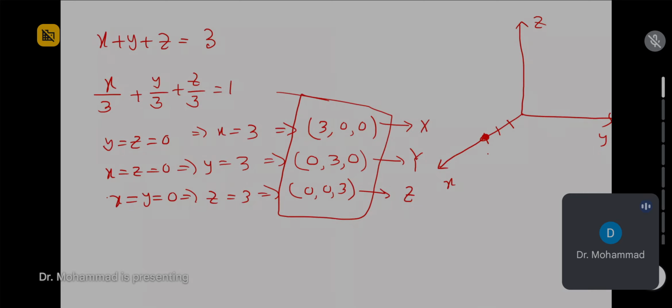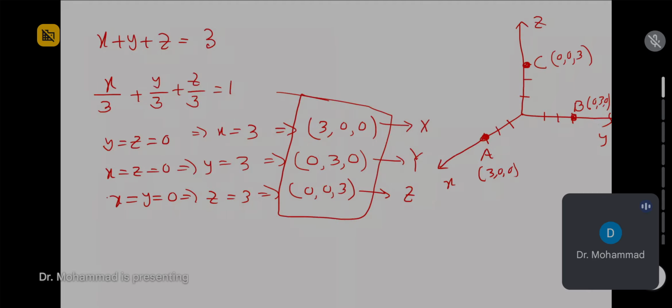So this point, for example, this is A, is 3, 0, 0. Then 0, 1, 2, 3, and 3, 0. So this point is B, for example, 0, 3, and 0. And we have another point here, let's say C. And this is 0, 0, and 3.